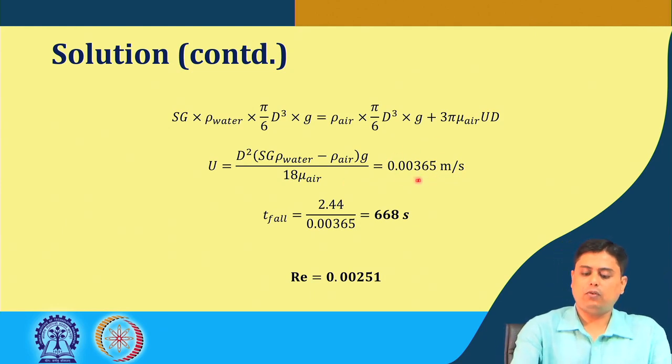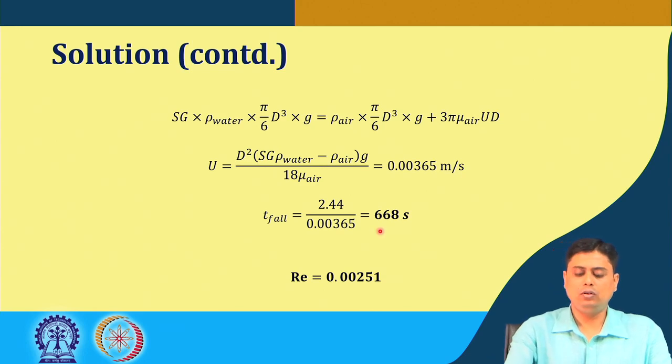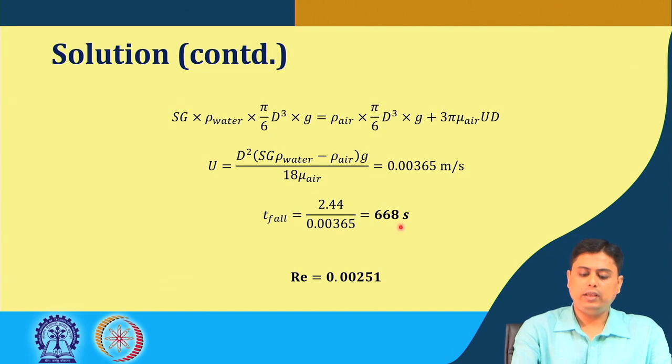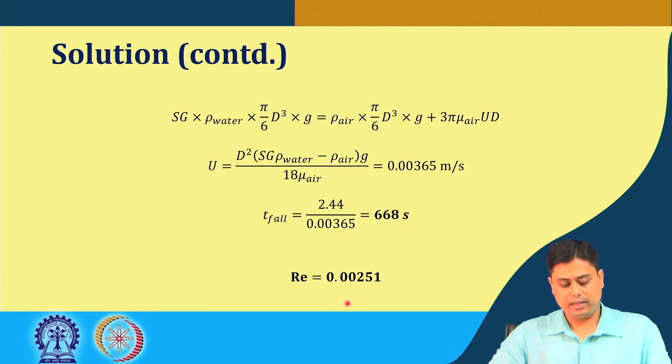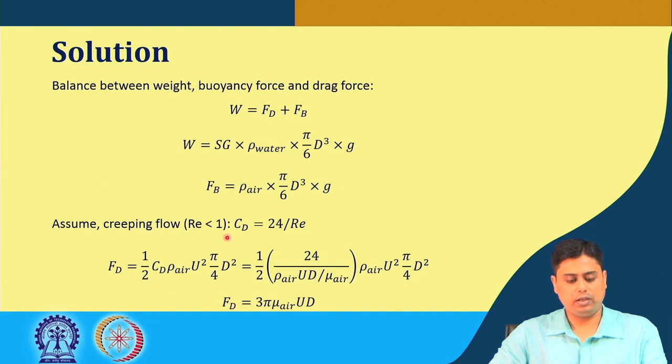So, if it is falling with this velocity from a distance of 8 feet, which is 2.44 meter, we can find out the time required to fall, which is around 11 minutes. And here we again cross-check our assumption, like we did for the boundary layer cases, that it is a creeping flow, with Reynolds number much lower than 1.